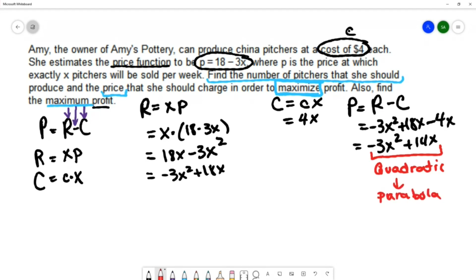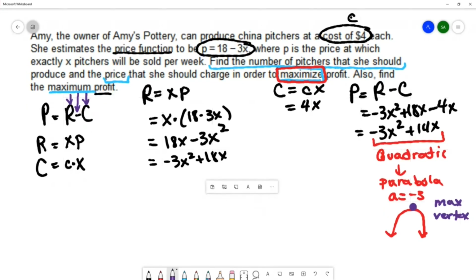This parabola has a leading coefficient a of negative 3, and because it's negative, we know that it's a down-facing parabola. That's very helpful for us because we're looking for the maximum. The maximum is this highest point here, and that max is at the vertex. So if we're able to find the vertex, we're going to be able to find that maximum profit.